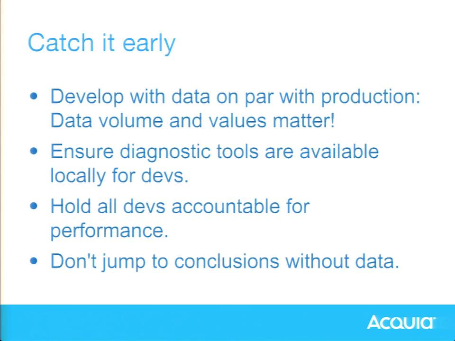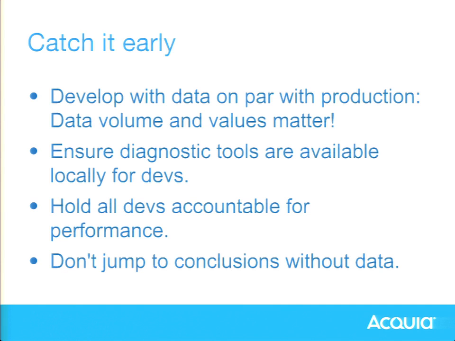So the general philosophy of the whole talk here is about catching performance problems early, and not even catching them while you're developing, but catching them before you even develop them, right? Before you create a problem, you can try to plan and prevent it.